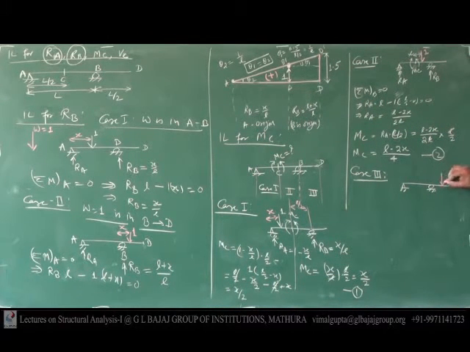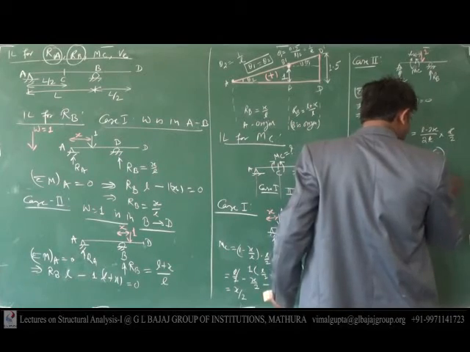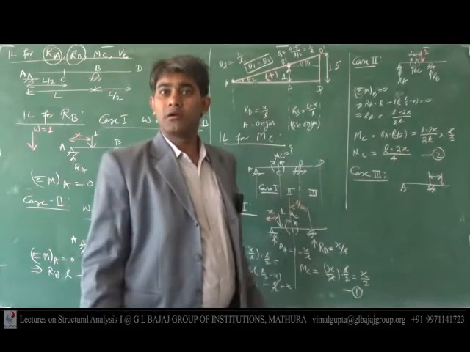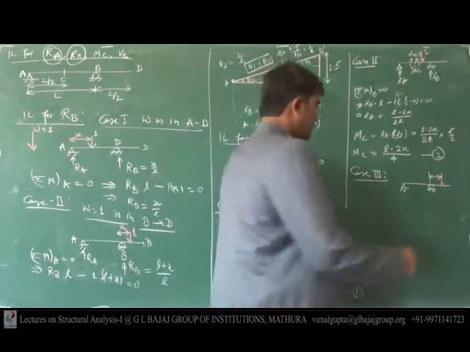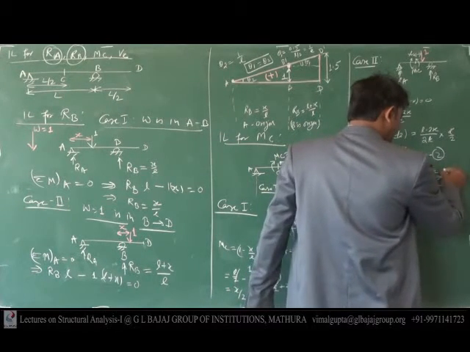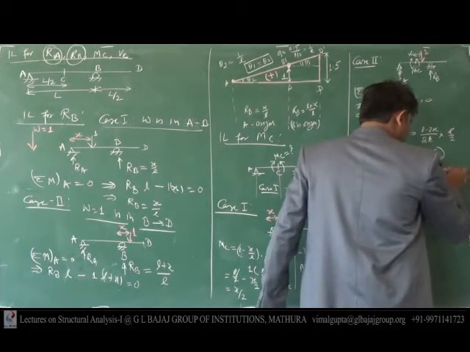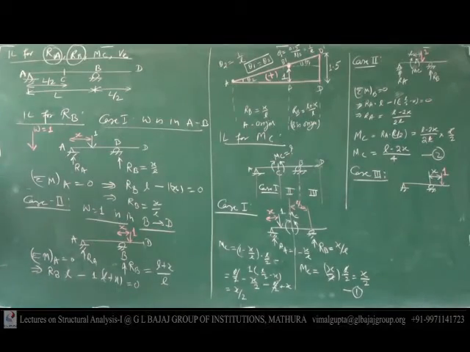Here. And what should be the value of X? Which point should be the origin? B point. This point should be the origin. This point is B. So take this, and the unit load will have that value.